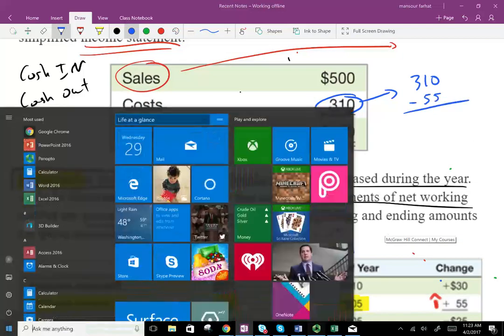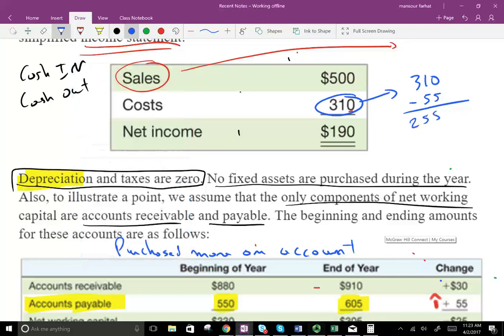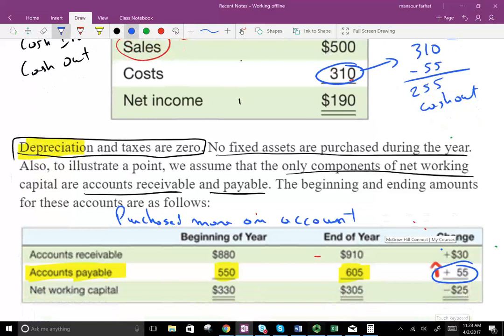So if I take 310 minus 55, it means I paid 255 cash out. Why? Because I recorded 310, but $55 of it was on account. It means my cash out is only 255. That's what it means. Now I can change the scenario.